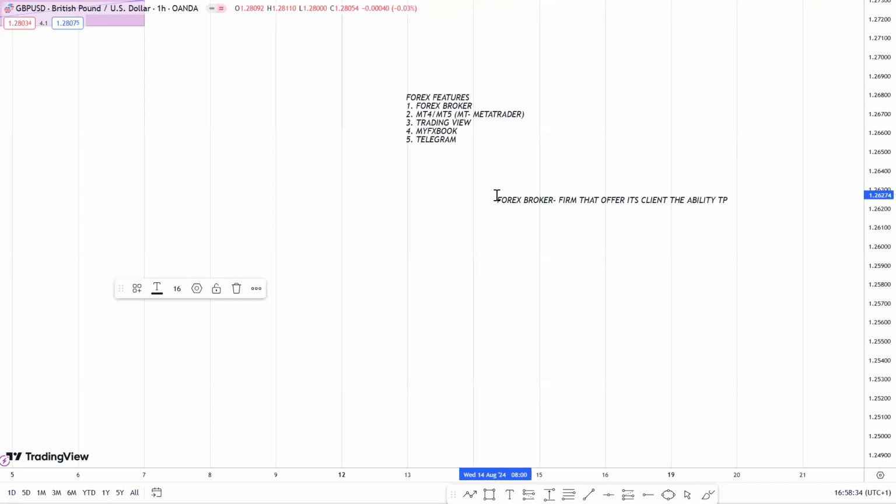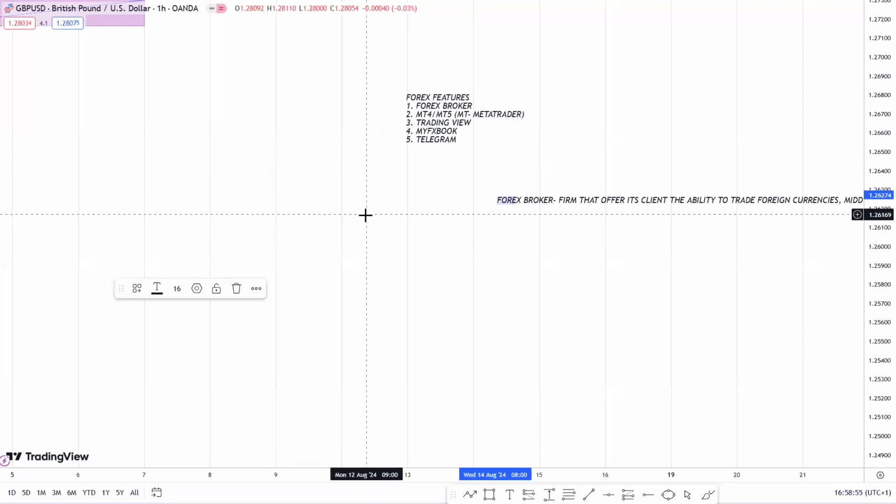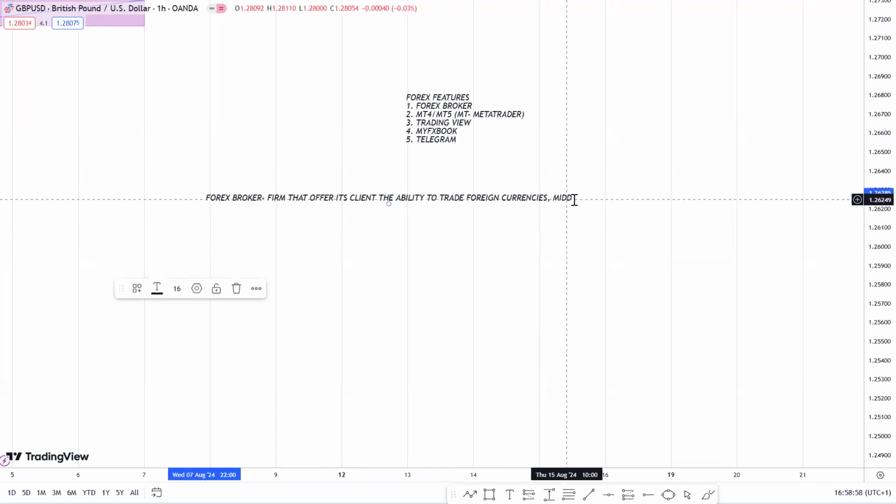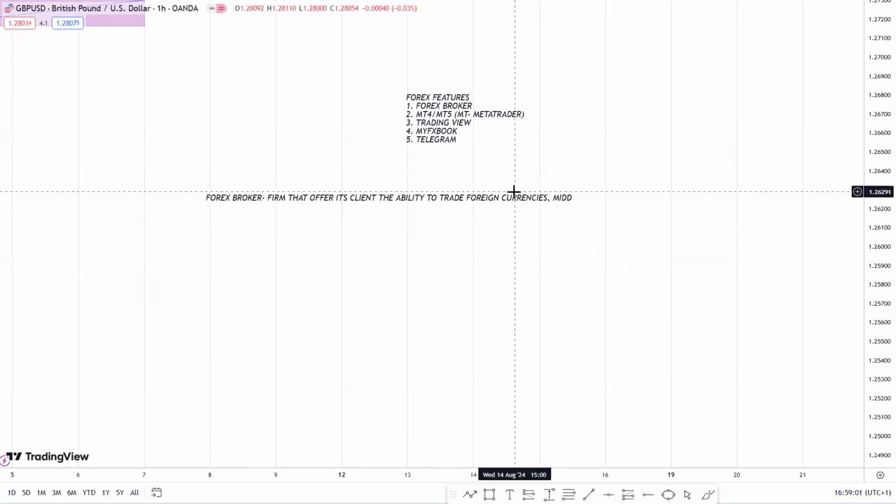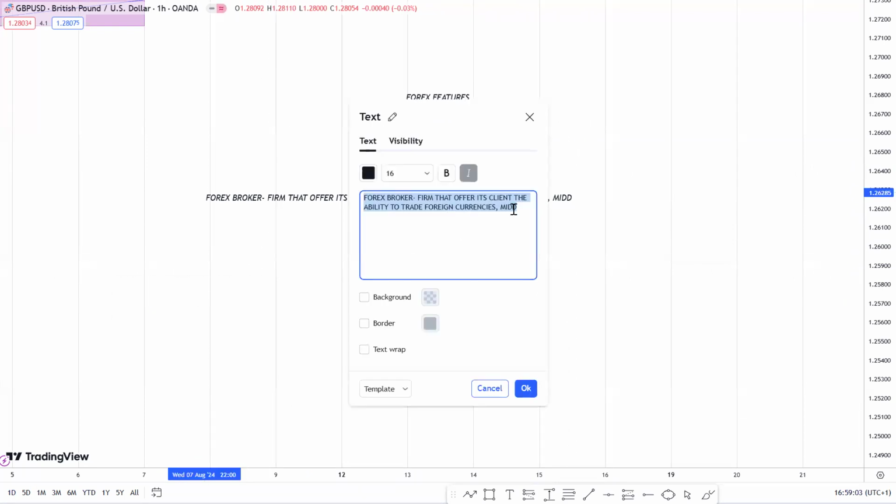Forex brokers operate as a middleman between you and the market. Sorry, let me bring this out. They are middlemen between you and the market.